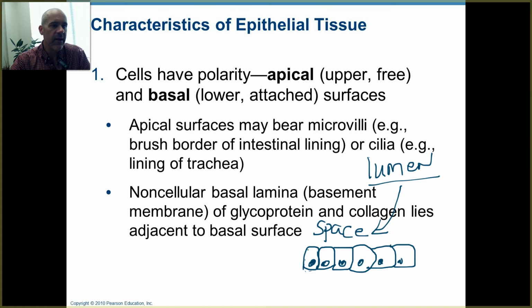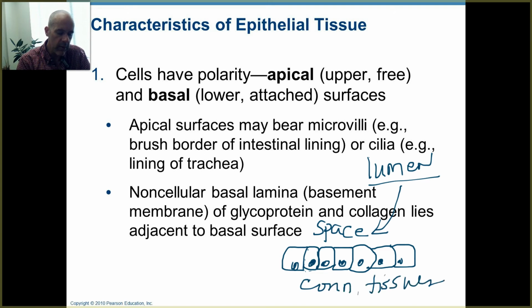So you may see that term used at times. If this is the wall of the organ, you've got this layer of cells lining that lumen, that space. And underneath it, you're going to have connective type tissues. But right now, we're mainly thinking about these epithelial type tissues.